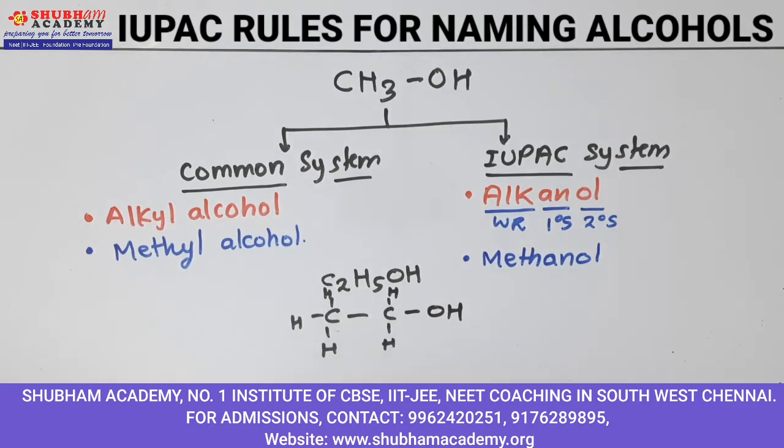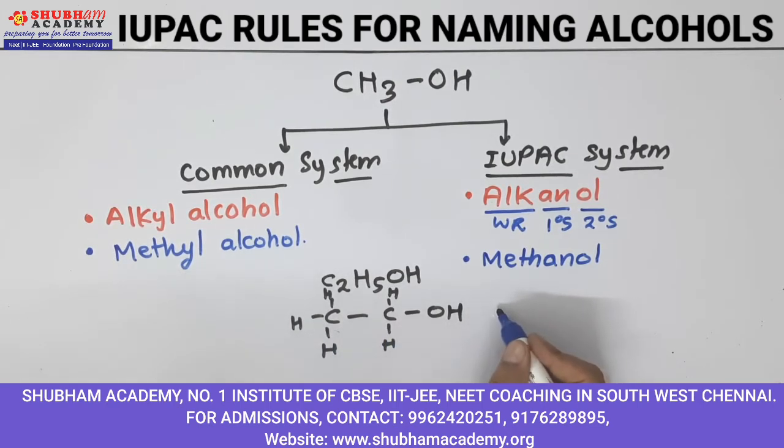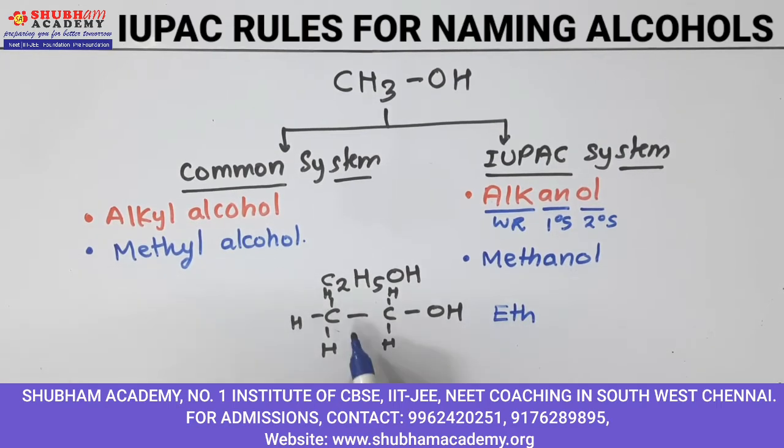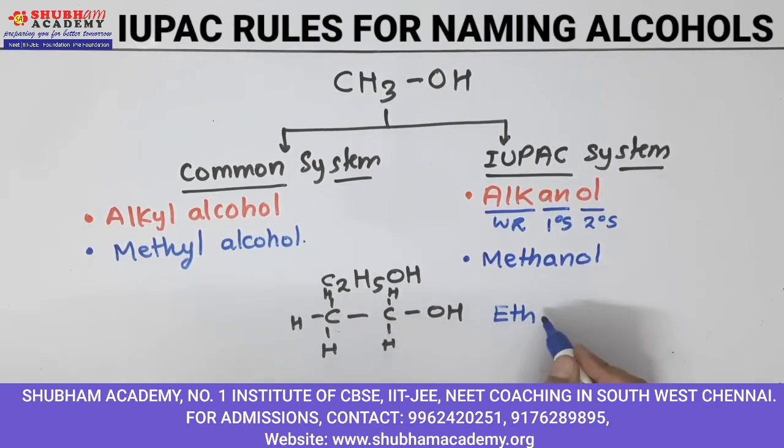Okay, so now IUPAC name will be, you have 2 carbon atoms in the word root. So for 2 carbon atoms, word root is eth. Right, now you have single bond between carbon atoms, so primary suffix is ane and the functional group is OH, so secondary suffix is ol, so the name becomes ethanol. Right, so the IUPAC name of this compound is ethanol.